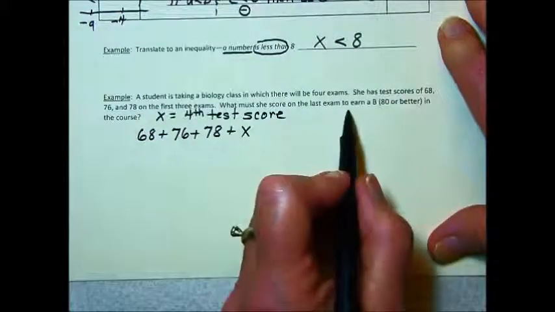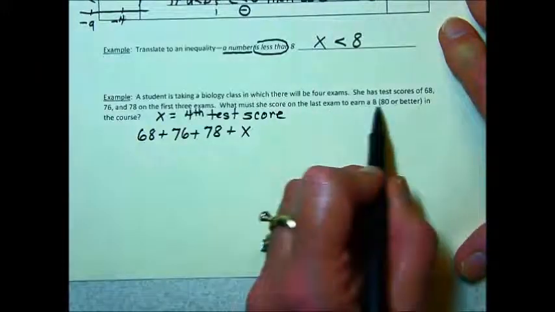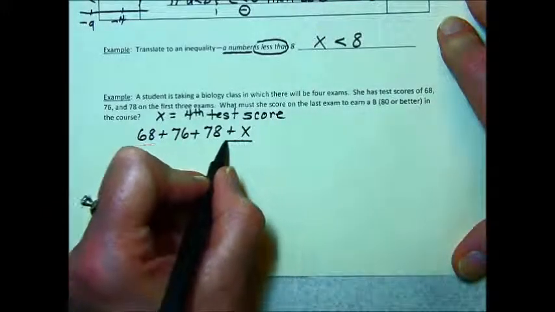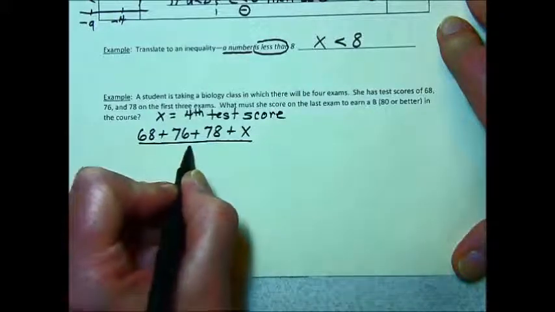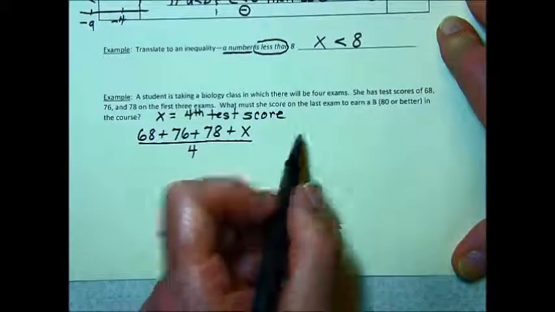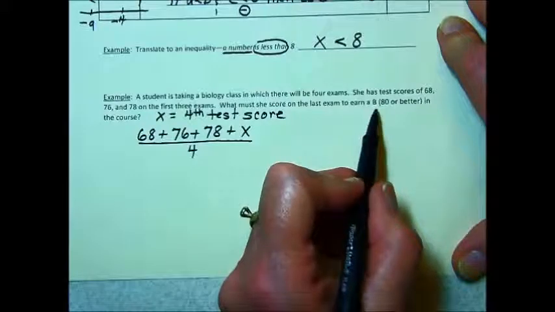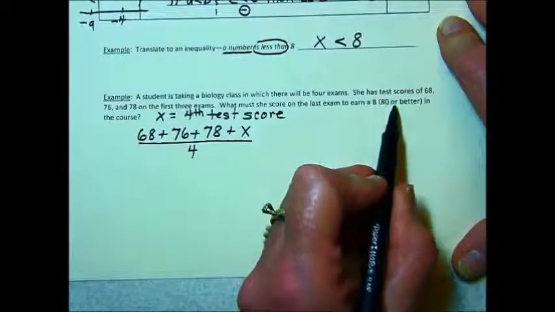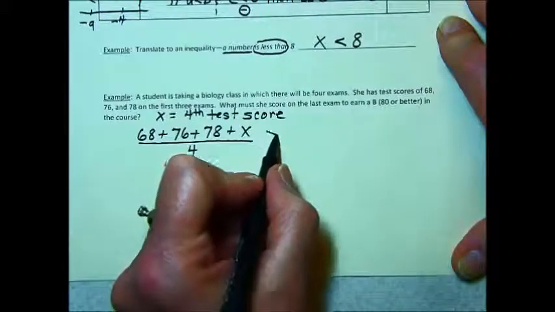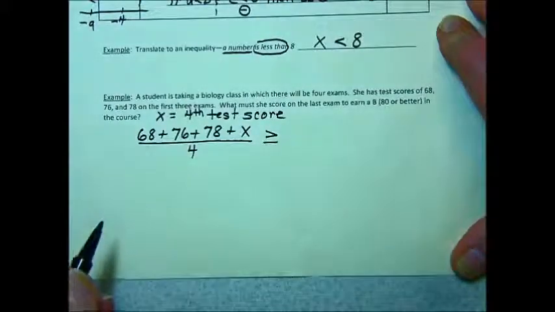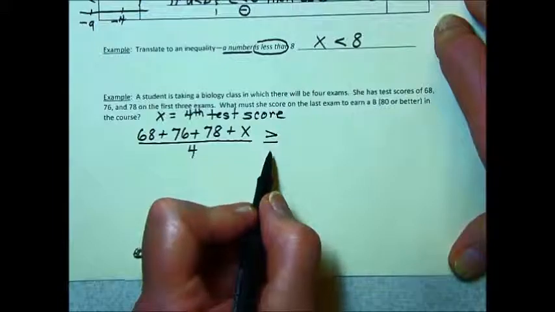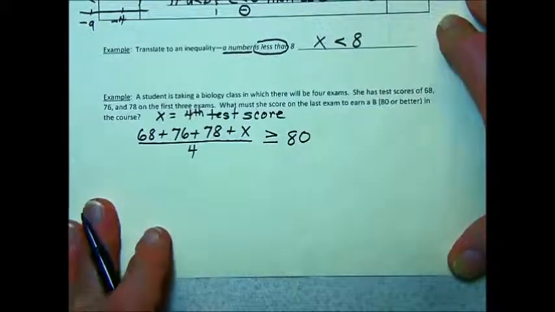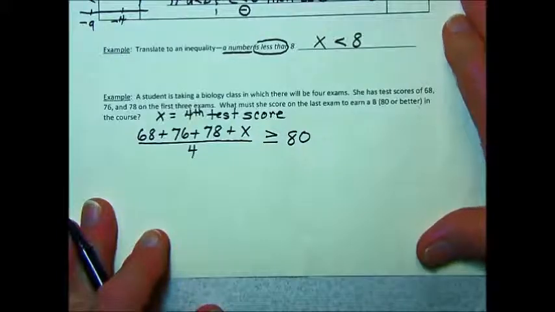And it says the score is based on an 80% or better. So we would add up the 4 scores, divide by 4, and the student wants to earn a B or better, so it needs to be 80 or better. So it's not a definitive value, it's greater than or equal to 80. So there's our inequality representation.